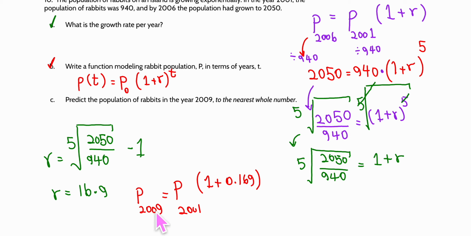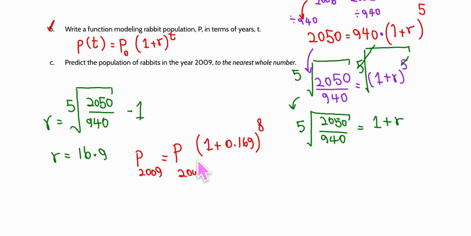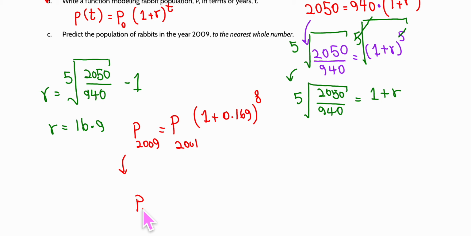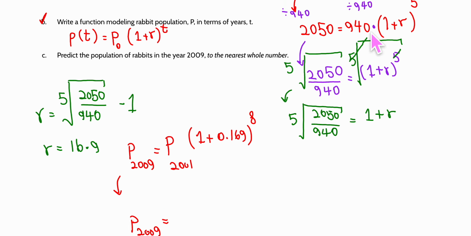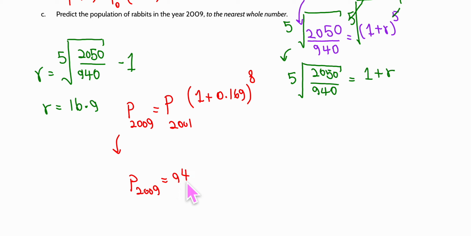Since I chose 2009 and 2001, 8 years has passed by. So I'm gonna write 8 there. The next step for me is to replace the population in 2001. So population in 2009 equals, it was 940 as the question told us, multiplied by 1 plus 0.169, the rate of growth, to the power of 8.